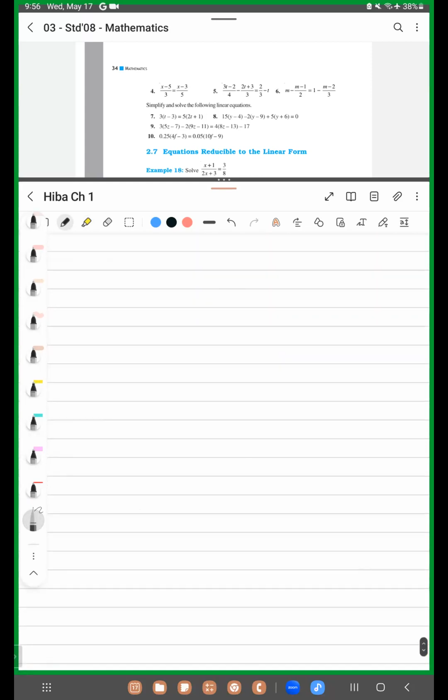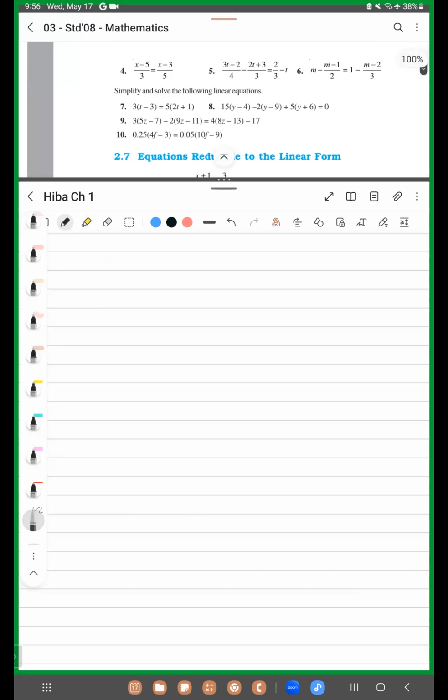Like the test paper you prepared, in that the 10th question, I will read the question. 0.25 multiplied by 4x minus 5 is equal to 0.75x plus 8. ठीक है.